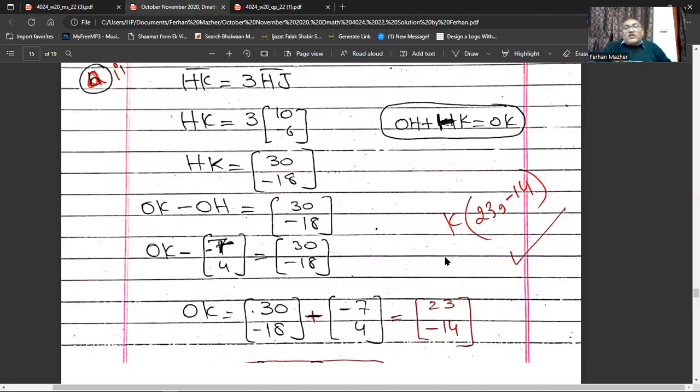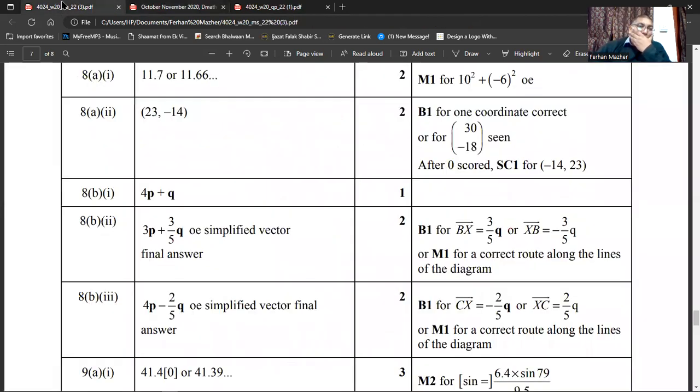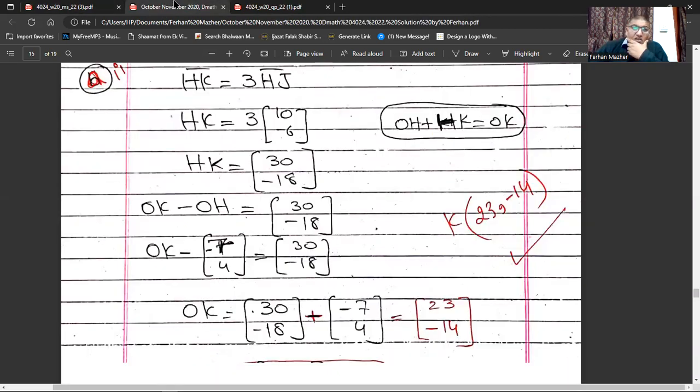So the position vector of K is 23 and minus 14, which means the coordinates of K are 23 comma minus 14. 23 comma minus 14. This is how you will solve this question. The question is showing up on your screen.